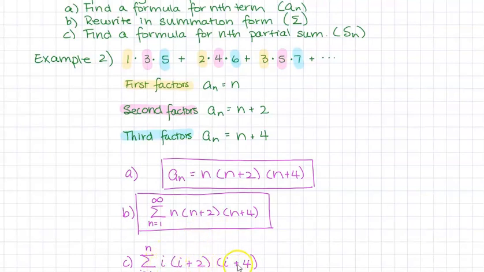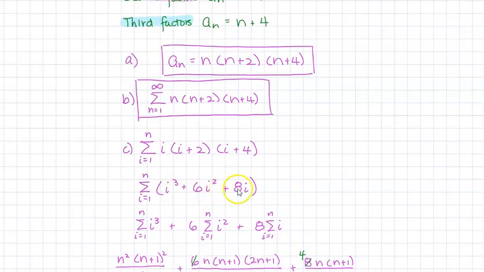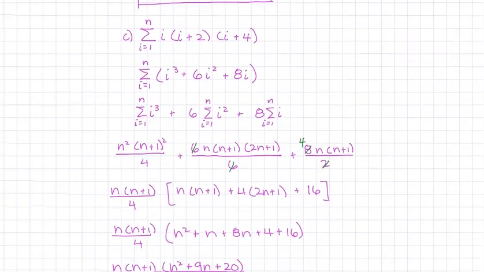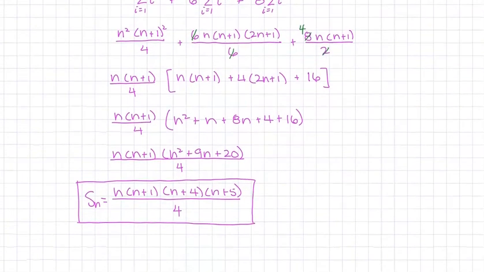You're going to have to multiply all that out to get it in a polynomial in standard form, but then you can split it up into these different sigmas and use the formulas that I gave you, these formulas here, and then it's just a bunch of algebra to try to write it as factored as you can, and voila.